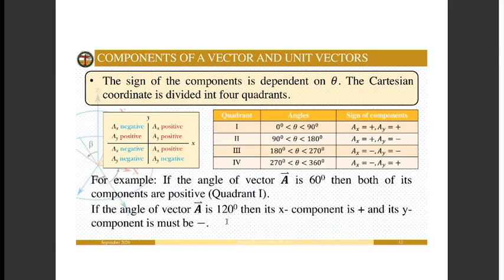So wrong. This is wrong again. So I'm so sorry about that. Because nandito siya sa quadrant 2, your x must be positive. I mean negative, but your y component must be positive. So this is wrong. Okay, sorry about that. Kasi your angle is between 90 to 180. So this is quadrant 2. So therefore your x must be negative and your y component must be positive.